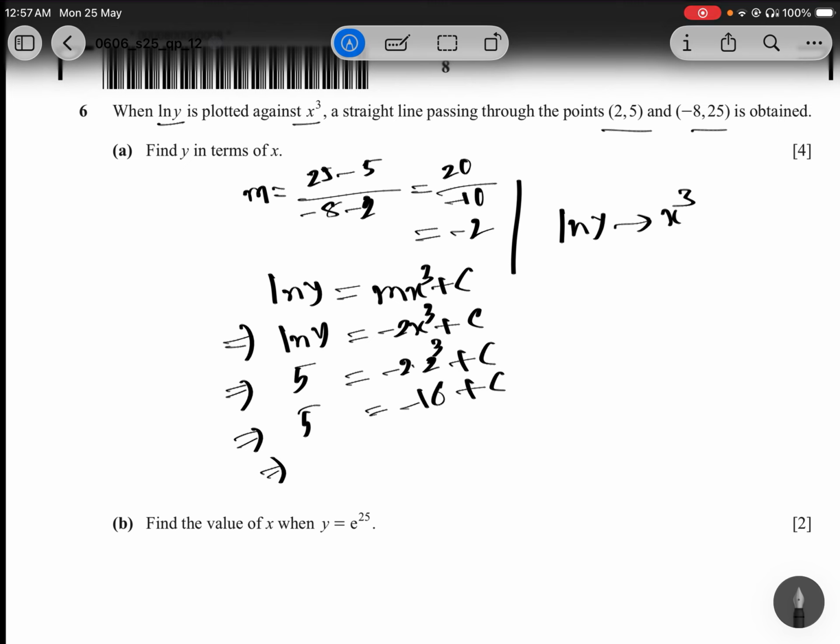What did I get wrong? M is minus 2, perfectly correct.